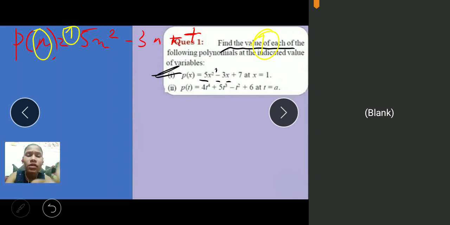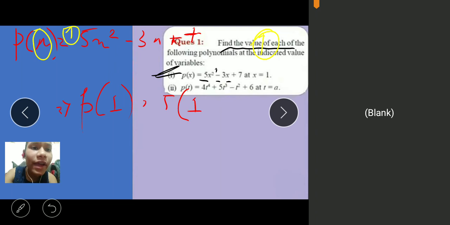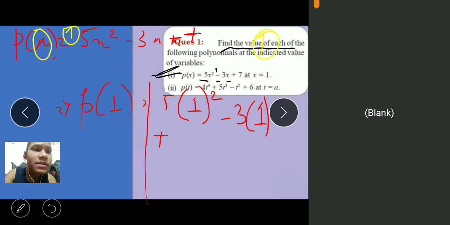So now let's get going. We will write p(1) is equal to 5 times 1 square minus 3 times 1 plus 7. This is our conclusion.